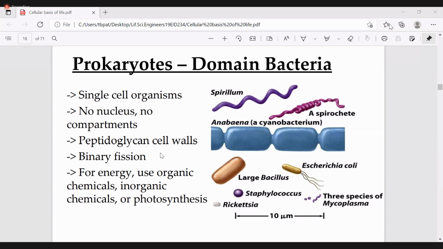They reproduce by binary fission, and for energy they use organic and inorganic chemicals. Many of these bacteria are chemobacteria, and we identify this as chemosynthesis.